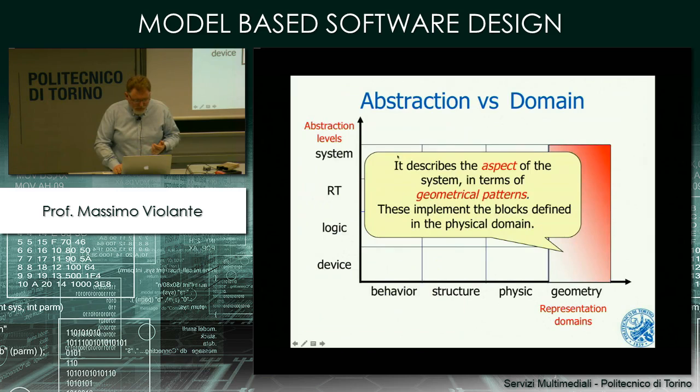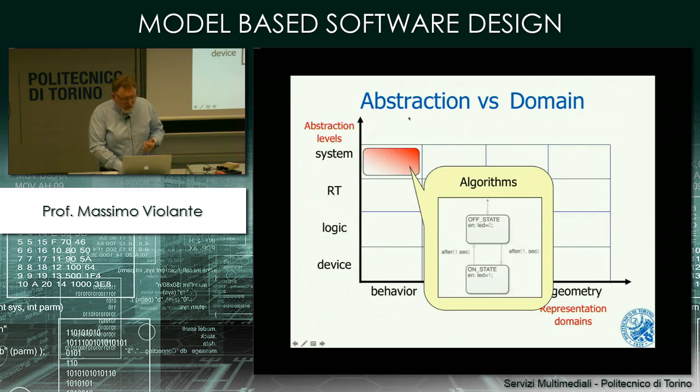Let me move here. Here we have an example of a behavioral system level description. Here we are interested in what the system is doing in very abstract terms. For example, we are willing to model the behavior of a system that could have two operational states.